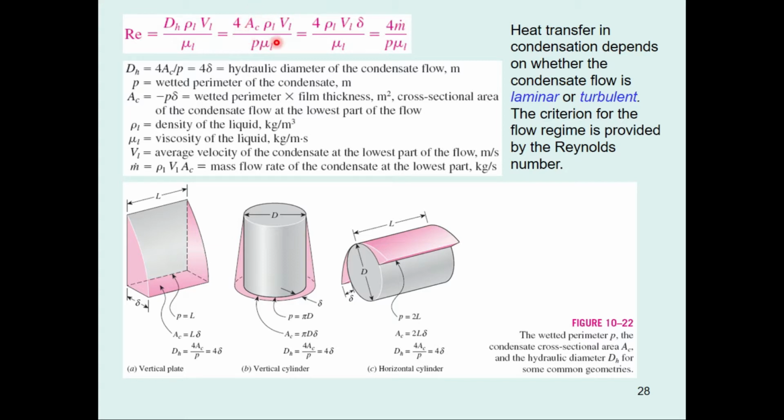So we can have this formula: 4 m dot over perimeter times the viscosity of the liquid. We can use any of these formulas for the determination of the Reynolds number, and that will tell us whether the flow is in the laminar or turbulent region.